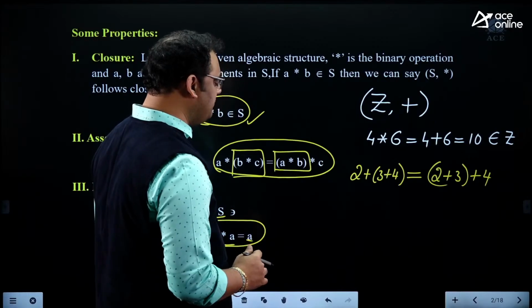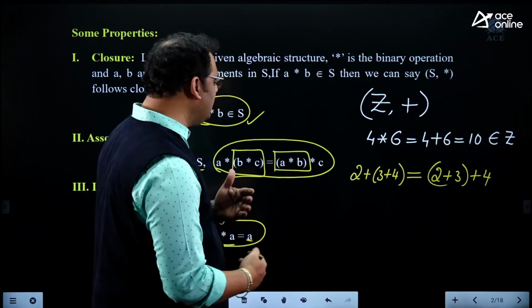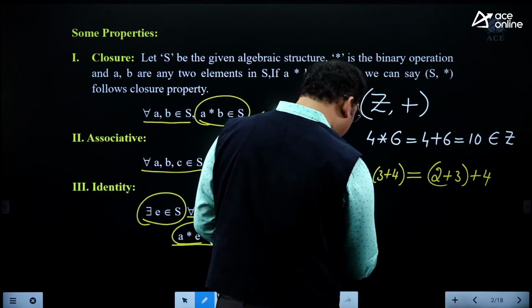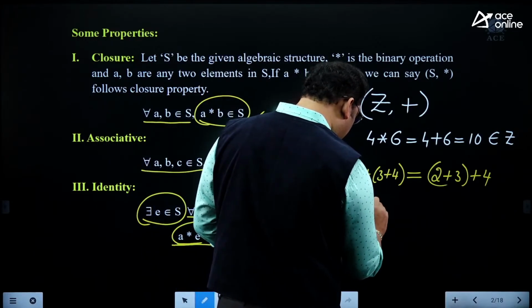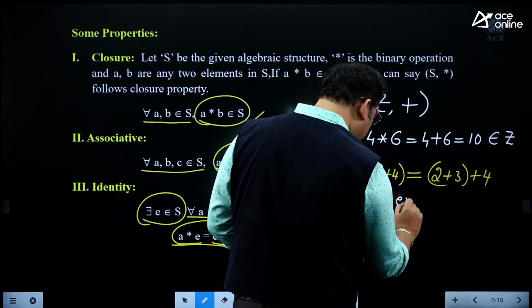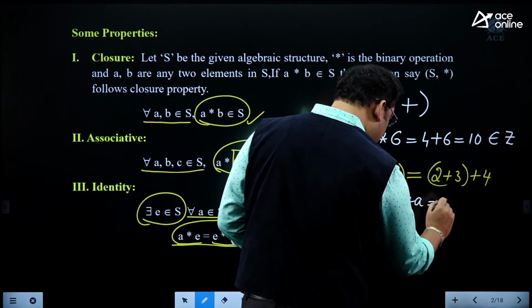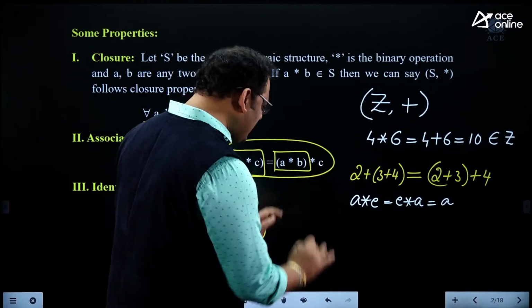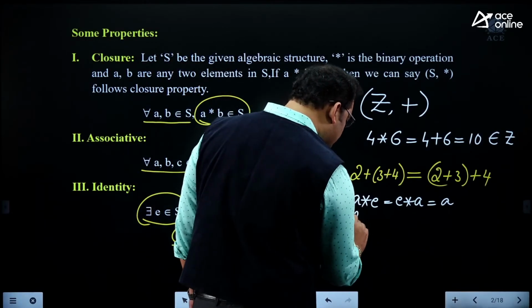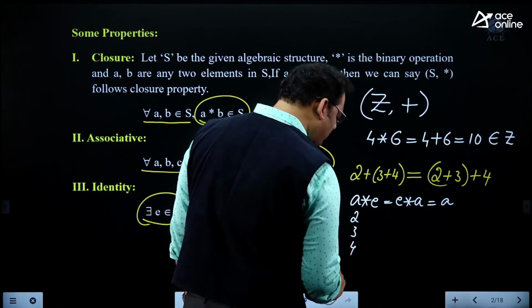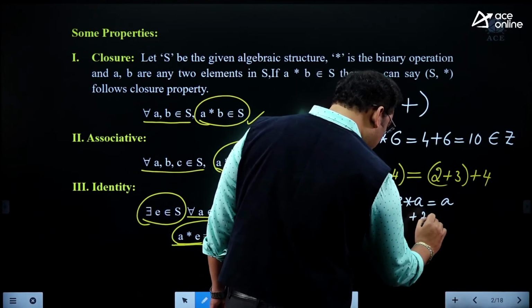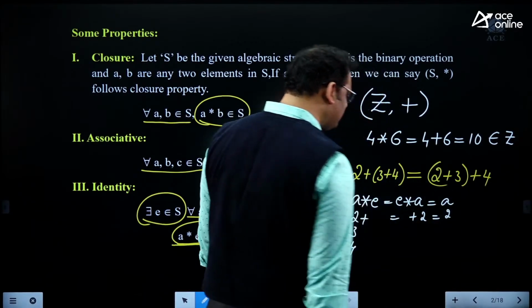And coming to the identity property, let us think about identity. What is identity saying? Identity says something like this: A star E must equal E star A, which equals A. I want such an E. A is an integer, something like 2, 3, 4 you are talking about. 2 plus something results in 2, something plus 2 results in 2 again.